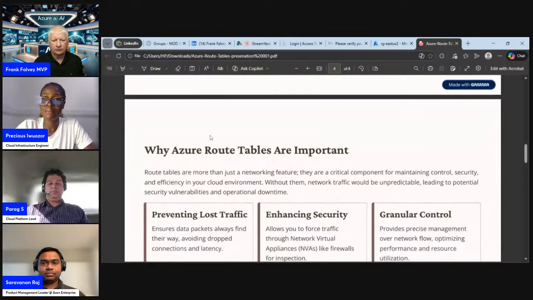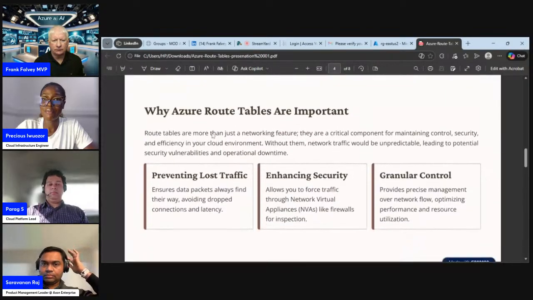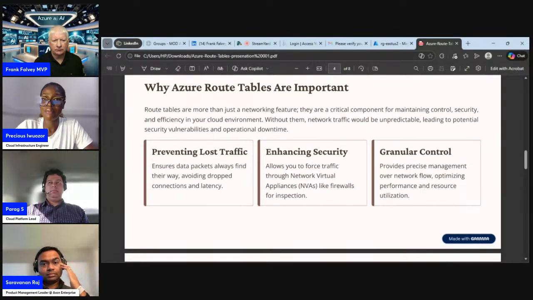Now, why are Azure route tables important? Route tables are more than just networking features. They are critical components for maintaining control, security, and efficiency in your cloud environment. Without them, network traffic would be unpredictable, leading to potential security vulnerabilities and operational downtime. One of the importances of route table is that it prevents lost traffic.